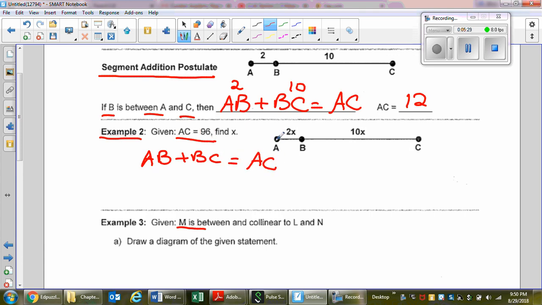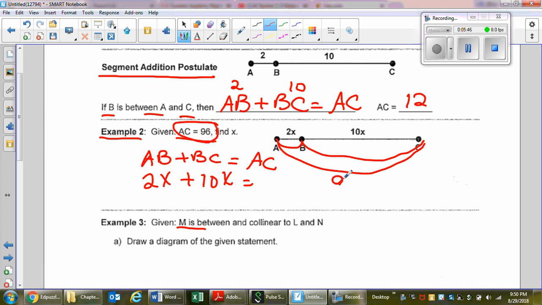AB is given to be the distance from here to here, which is 2x, plus BC is given to be 10x, and the whole thing here, AC from A to C, is given to be 96. Okay, so that's what you get as an answer, right?